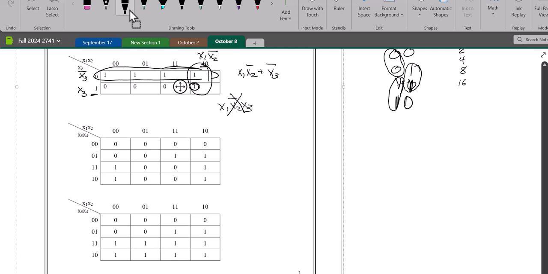Okay, so my group of 4 is, and the other thing to be aware of is not only can you wrap around, you can also do the 4 corners or 2 corners, or you can wrap around, like if I had one that looked like this.